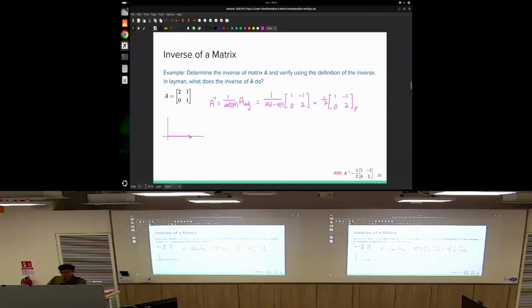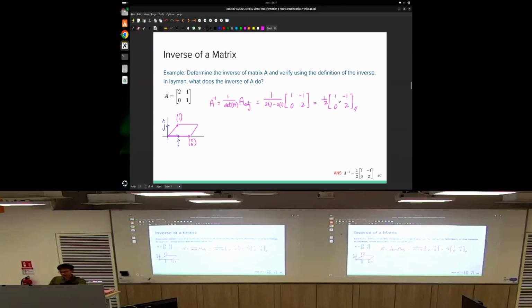And then the original input vector will be I here. After that, it also skews because it becomes 1, 1. So that means I, which is 1, 0, becomes 2, 0, and J, which is 0, 1, becomes 1, 1. So you can see that the vector space becomes skewed. So therefore, this is the transformation caused by A.